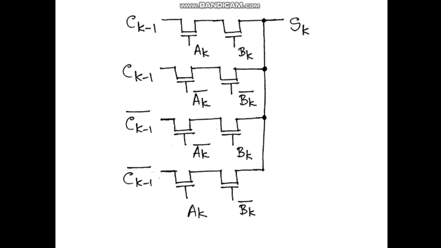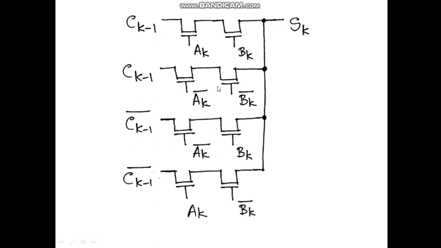Let us look into the schematic that is designed using the pass transistors. We know that when the NMOS gate input is 1, whatever is at the source is made available at the drain. So from the truth table and from the expressions that have been generated, this schematic is drawn.